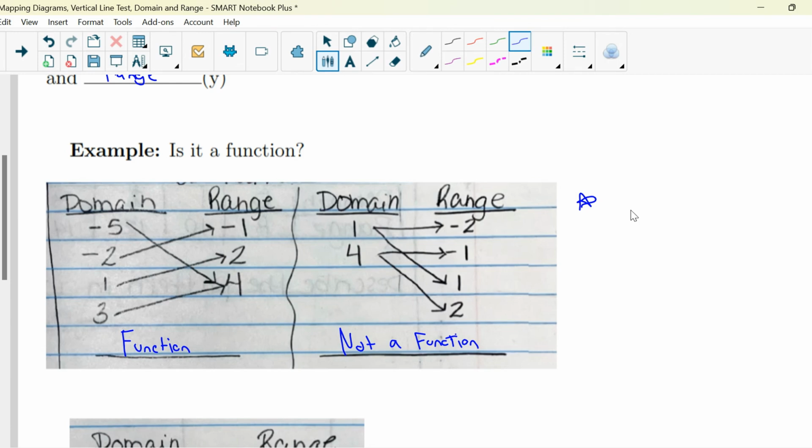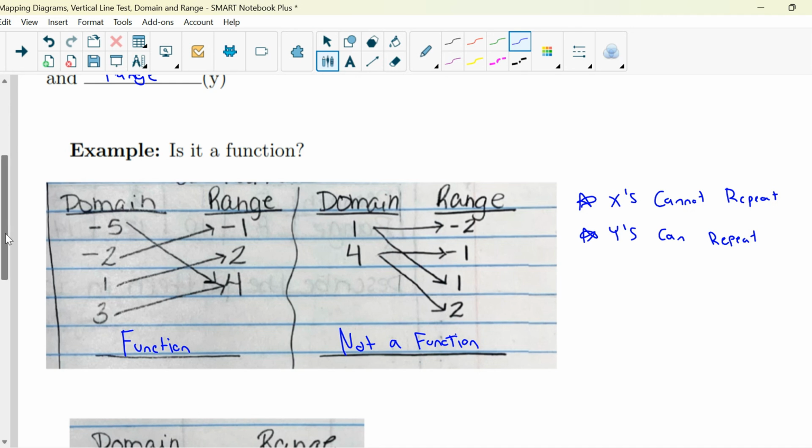So two things to note quick. X's cannot repeat. You can't have multiple outputs for each input, but your y values can repeat. Okay, so take note of that.